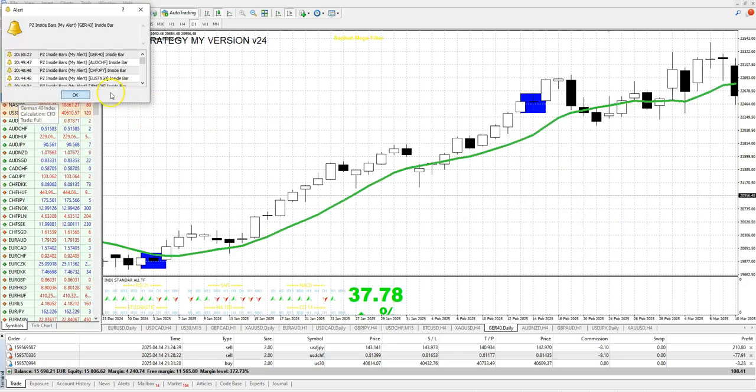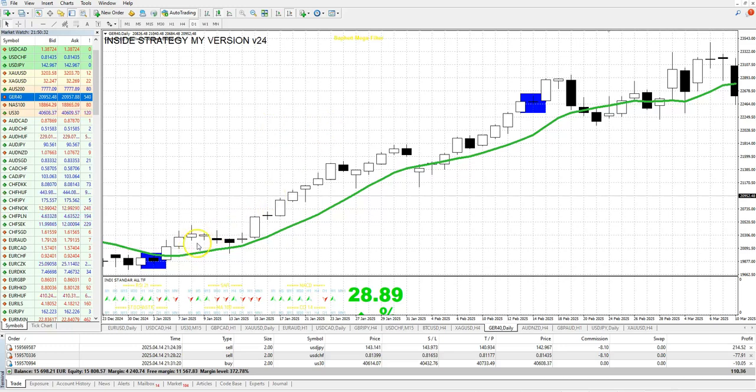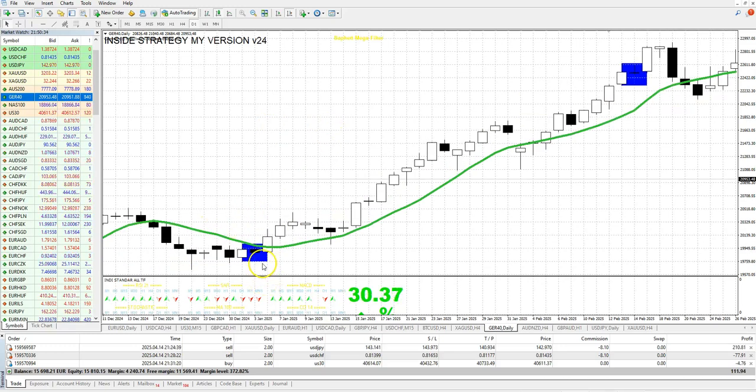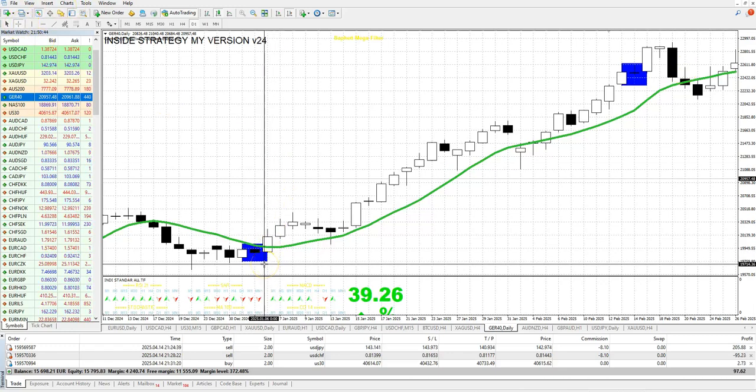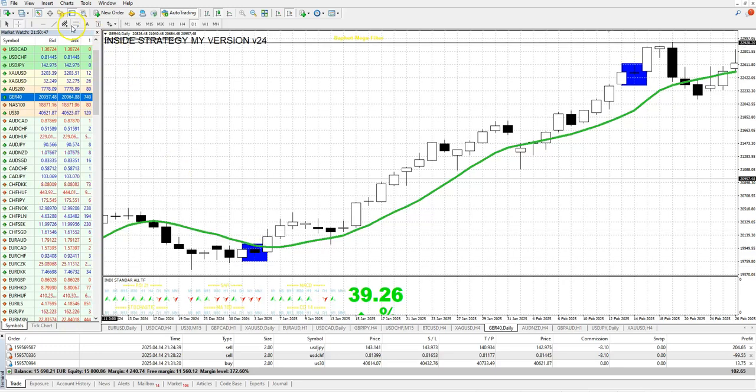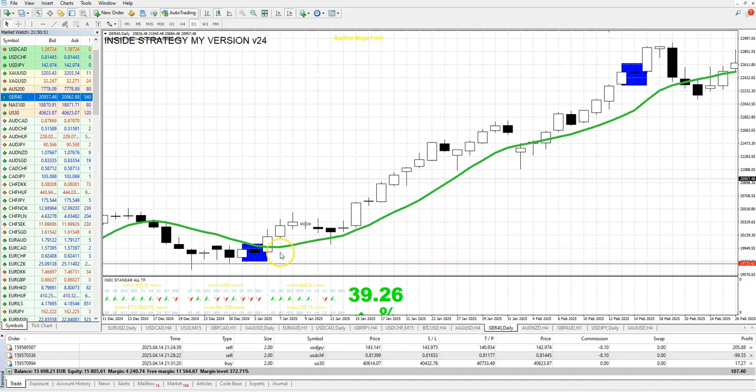German index. You see this fantastic trade. Breakout. Then on the next one, you will take a trade and boom. You see fantastic profit. Here, you will put your stop loss a few pips under.